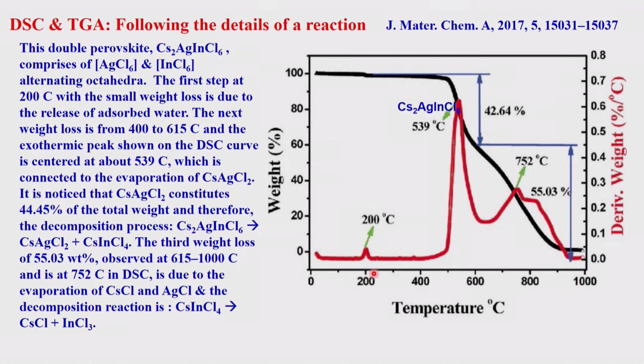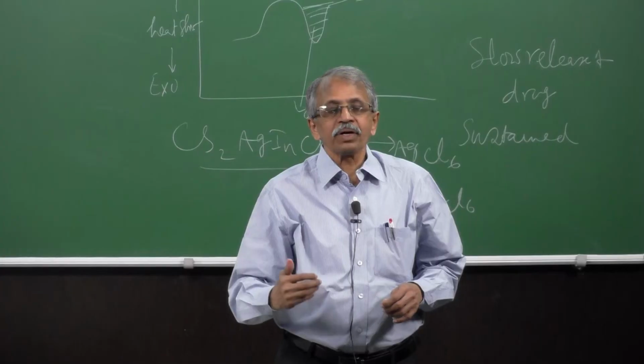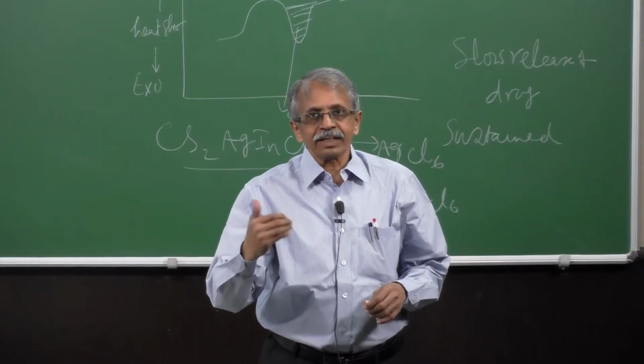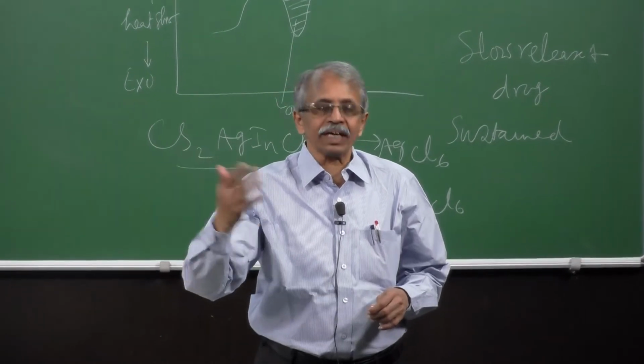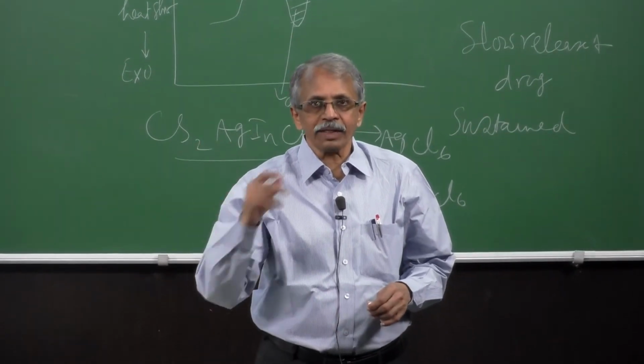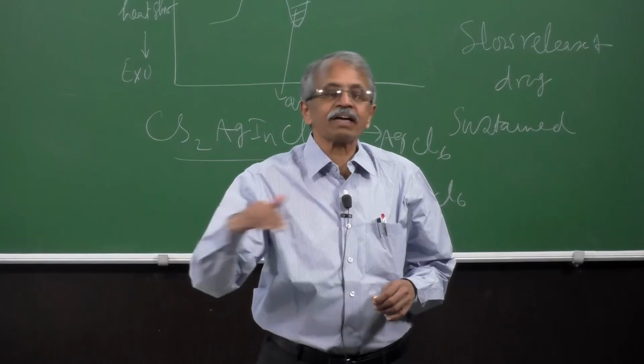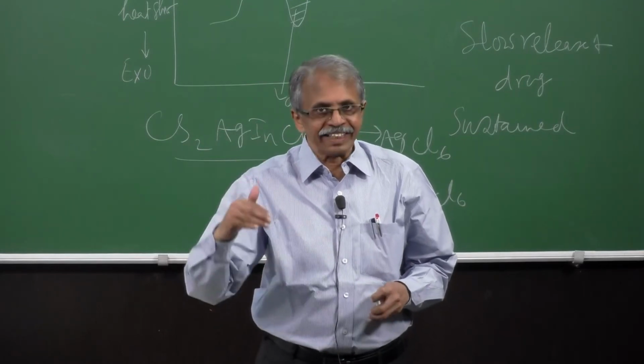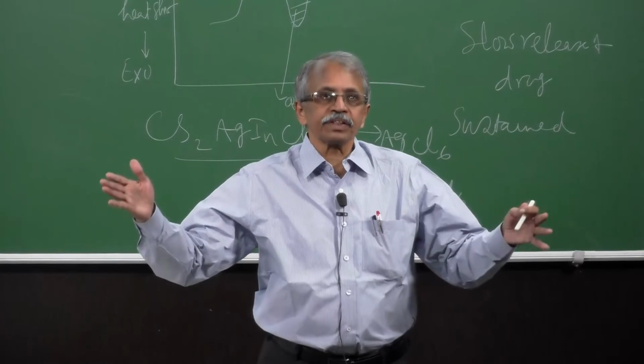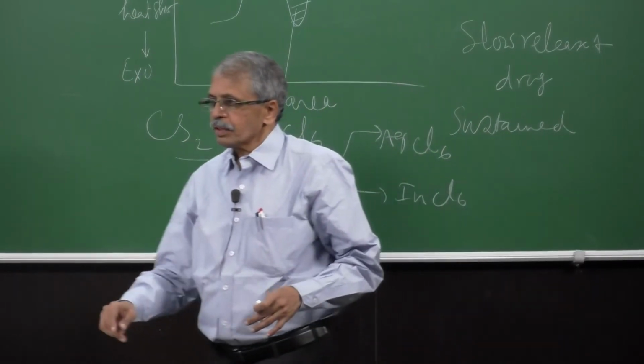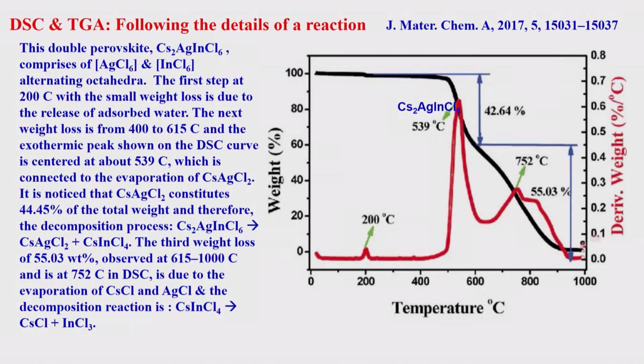In inorganic compounds generally you do not get the weight percentage to 0. Why? Because most often the metal that comes out goes as an oxide or some other kind of carbide or compound, and that will not further get degraded at the temperature that we are studying. But here you see it has come very close to the 0 axis. That means the weight is completely lost.